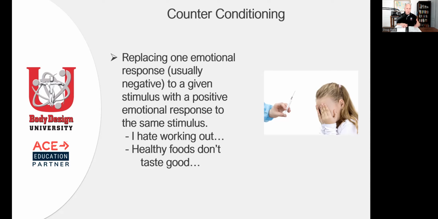Because I like it sweet. Well, let's change it from sugar to a sugar substitute. Why do we have replacement powders for proteins? Why do we have all of these substitutes? It's to get a person to consume a healthier food without all the negative emotions to it.